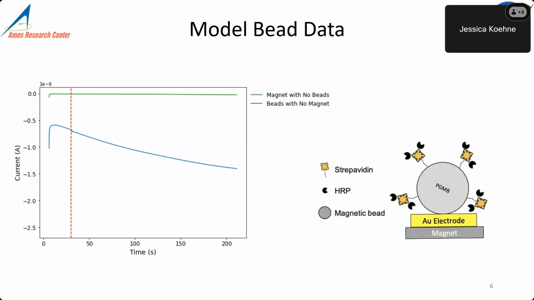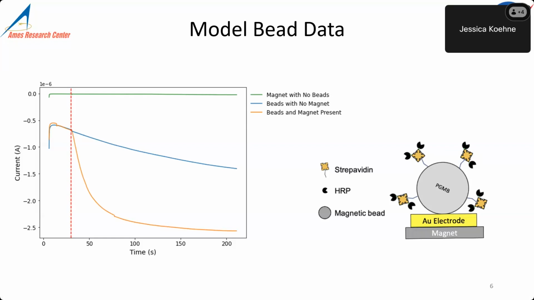Okay, now we add the beads, but we don't employ the magnet. So this is the case where you just have this reaction occurring in solution. It's all going to be diffusion based to get that reactant close to the electrode surface to see a change in current. And now let's advance the slide once more.